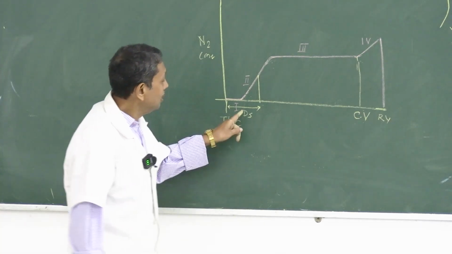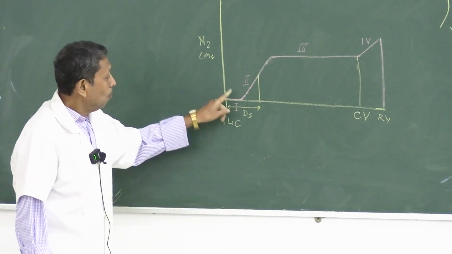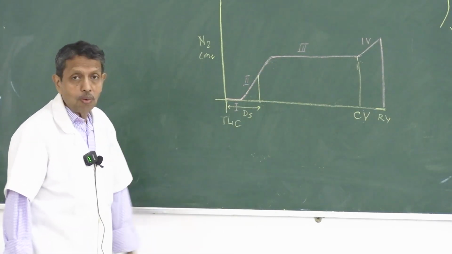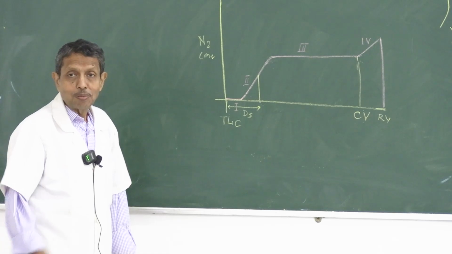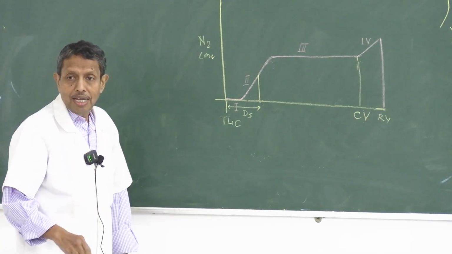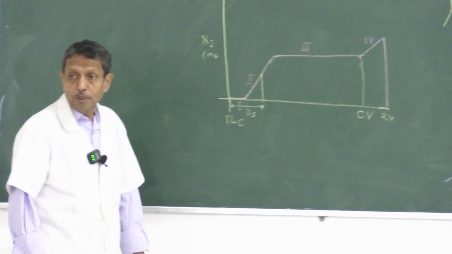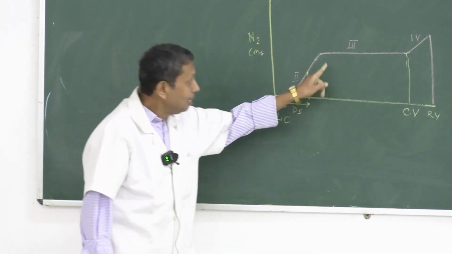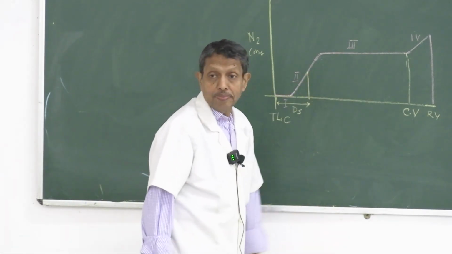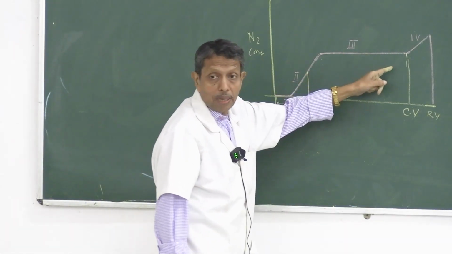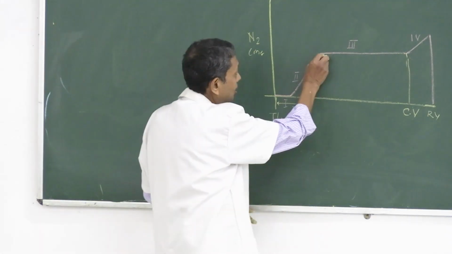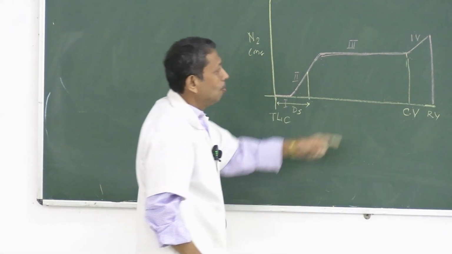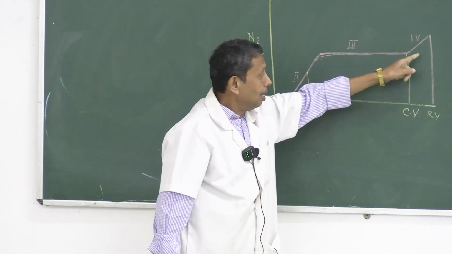Closing volume. So this is the anatomical dead space. This is phase 1, phase 2, phase 3 and phase 4. In phase 1 there is no nitrogen; it contains only oxygen. Then there is mixing at the interface between the dead space and the alveolar space, and there is a slope of increase. But in phase 3 the gas is from the alveoli, so it is relatively horizontal, a plateau, but there is some upward trend to some extent, and it ends with an abrupt increase.